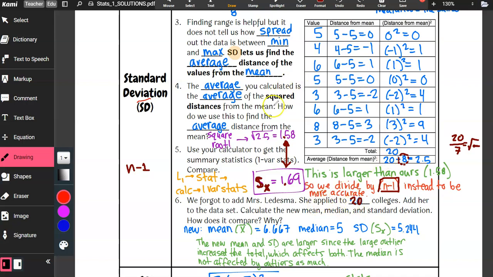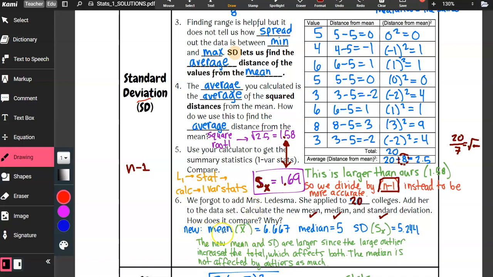Now that we did this work for just 8 values, what if we introduce a new value, say 20, to the data set? How does this change things? We add the 20 to the data set and calculate the new mean, median, and standard deviation. How does it compare and why?